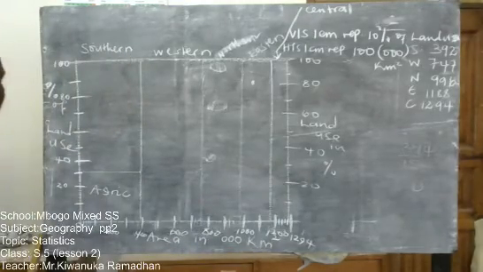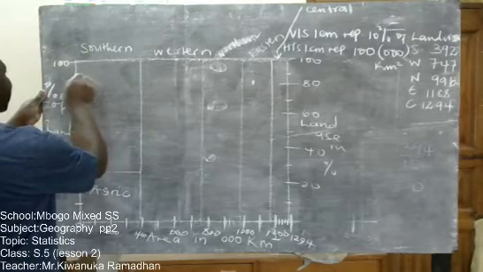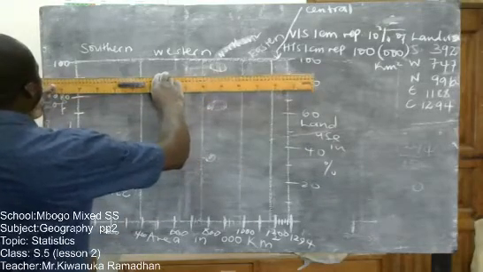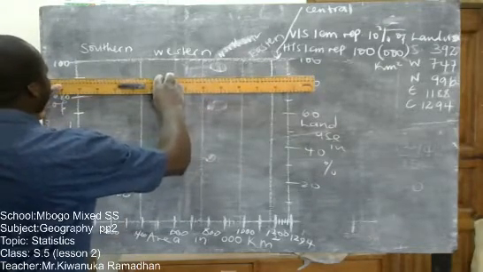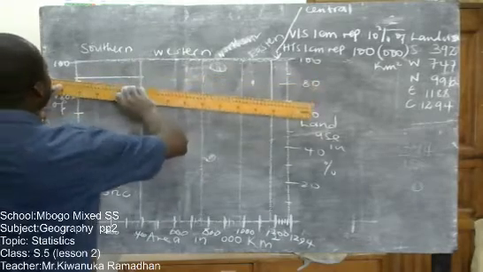So you come, this is 90, 91, 92, 93. So 93 is there.